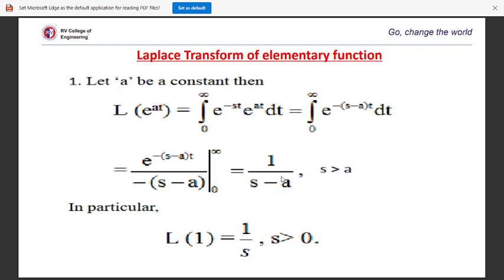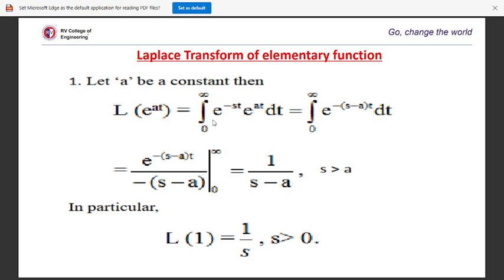Now, let us consider some Laplace transforms of elementary functions. Firstly, I am taking the Laplace transform of the exponential function e power at, with a a constant.